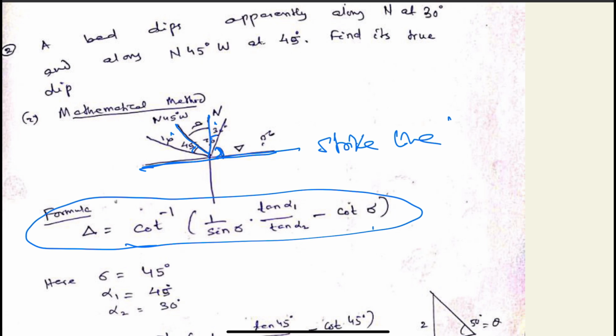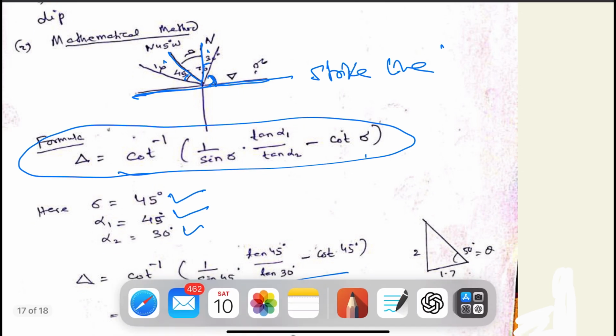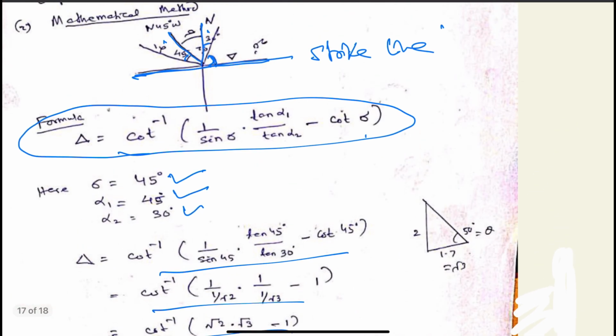So sigma is 45 degree. The angle between the two apparent directions is 45 degree. Alpha 1 is one apparent dip, alpha 2 is the other apparent dip. So by putting all the values, we solve. We got delta as 20 degree.